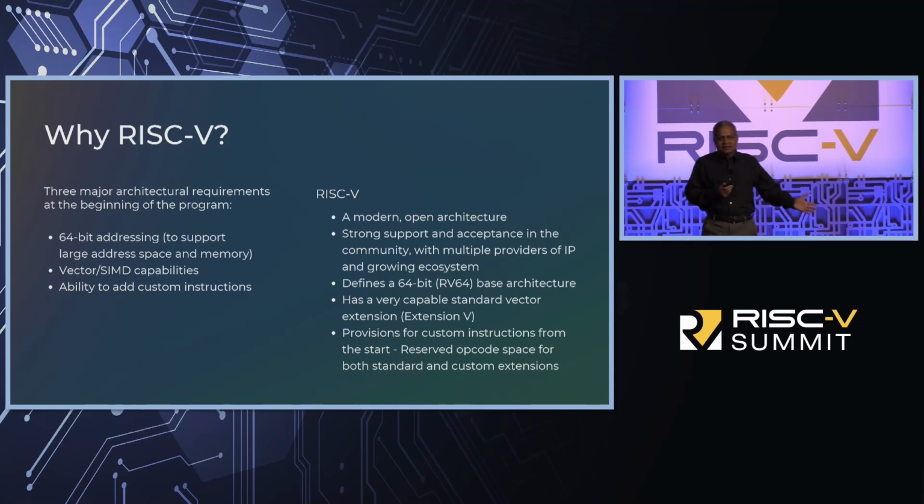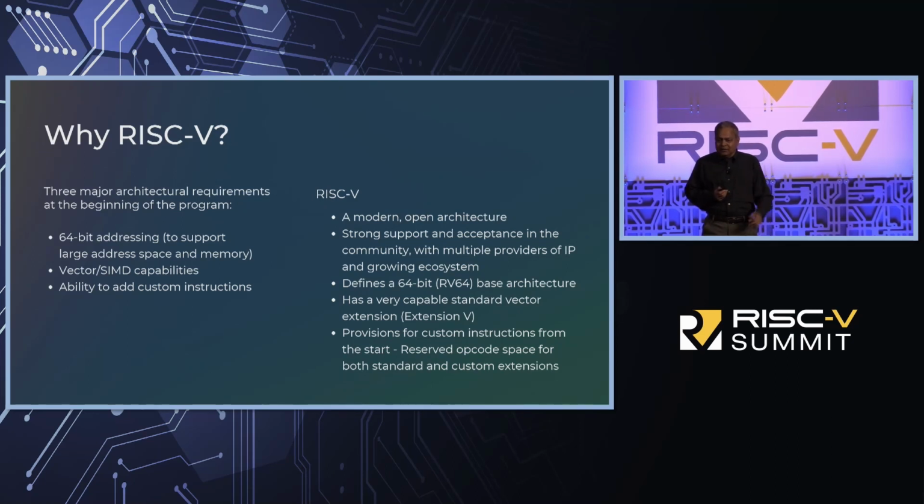Having heard the previous presentation and the initial presentation, it is very apparent that RISC-V does offer these features today. It's an open architecture. It has strong support and acceptance in the community. There are multiple providers of IP. There's also a growing ecosystem that we have been seeing over the last 4 or 5 years.